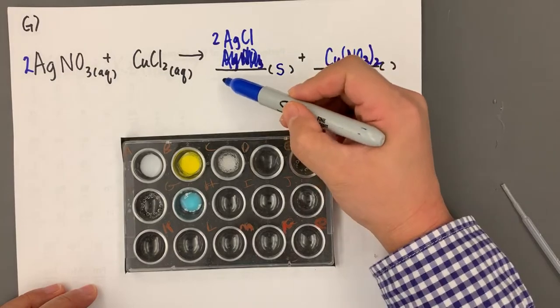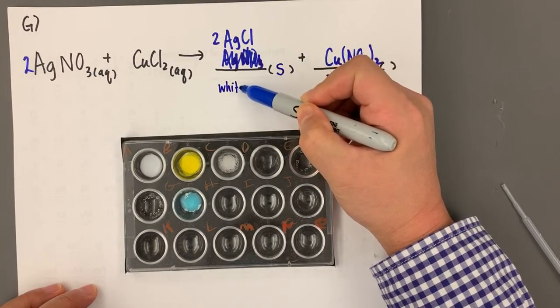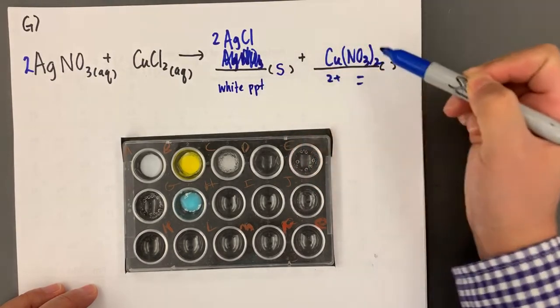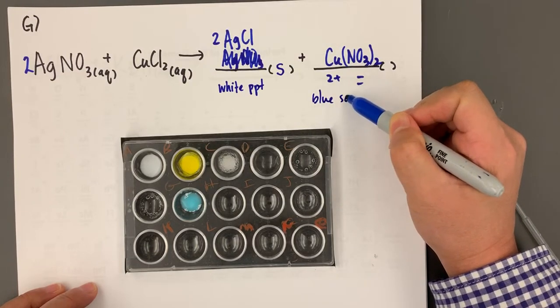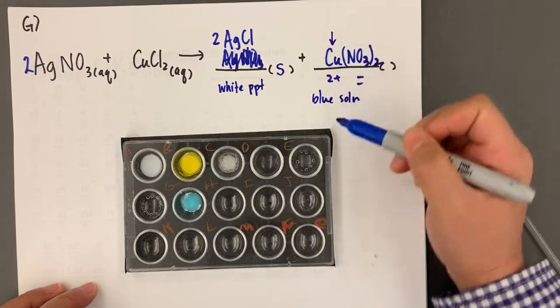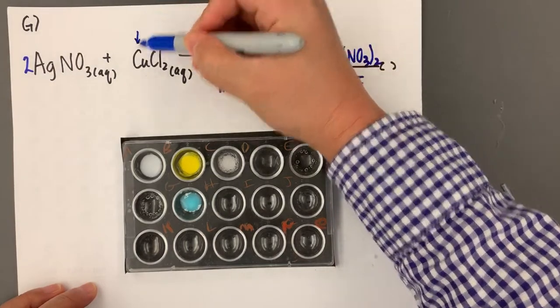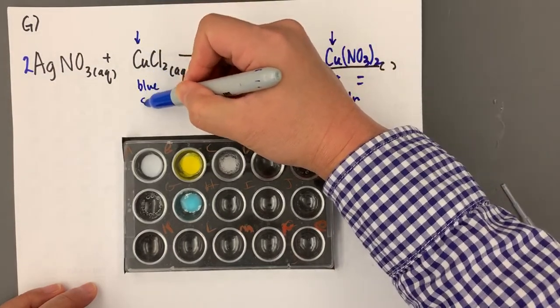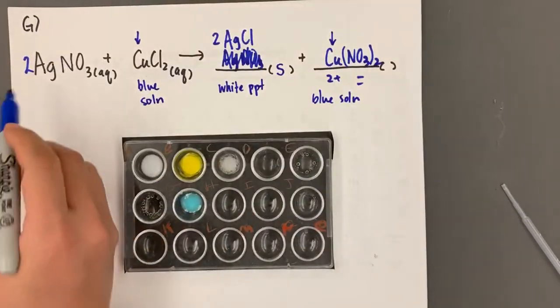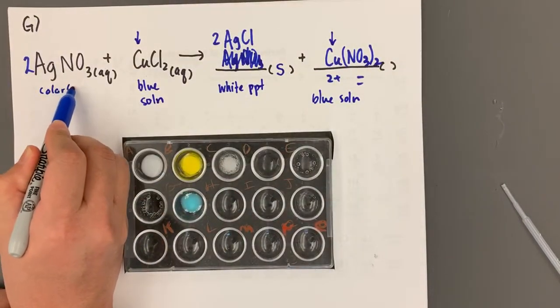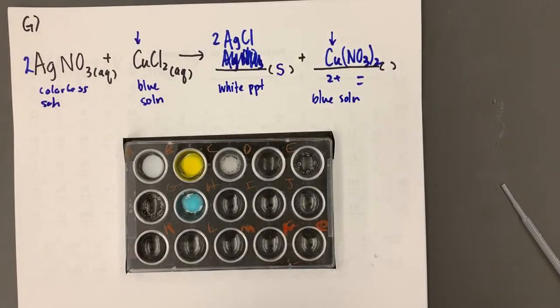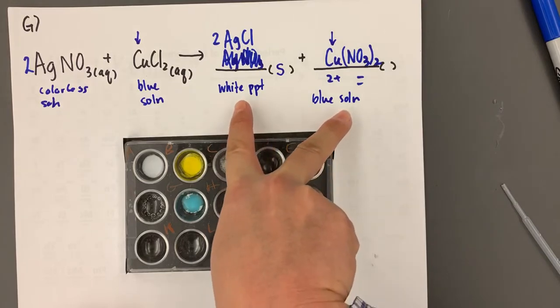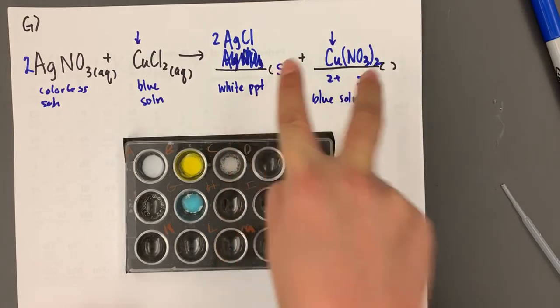That's the white precipitate. The copper nitrate is not a colorless solution. It is a blue solution because of the copper 2+, just like the copper 2+ before was a blue solution. The silver was a colorless solution, that's normal. So it's very important to note that the silver chloride is white and the copper nitrate is blue.